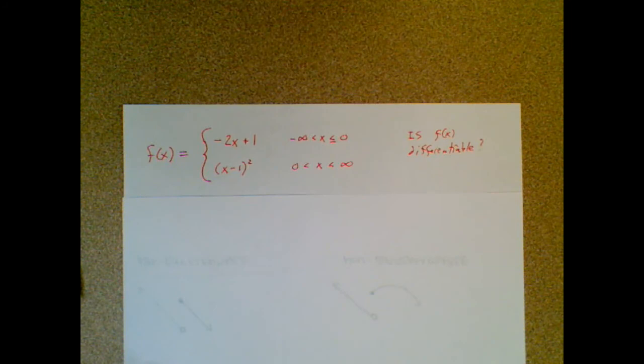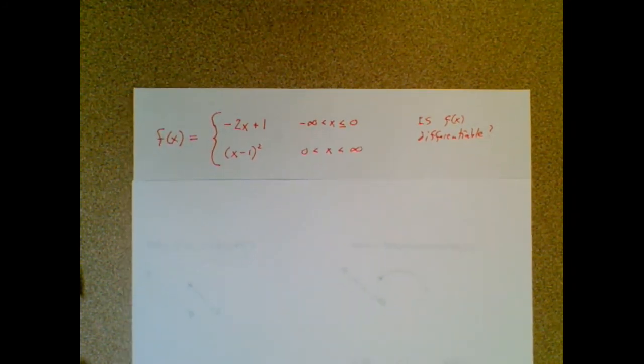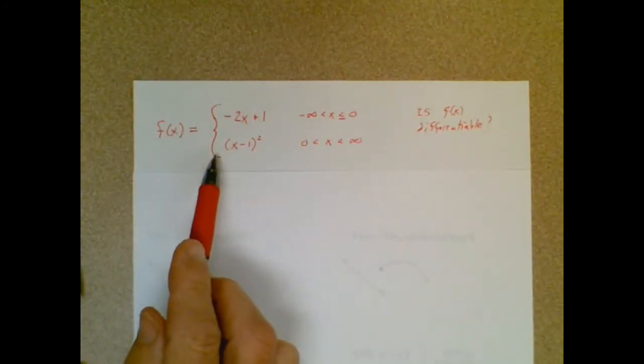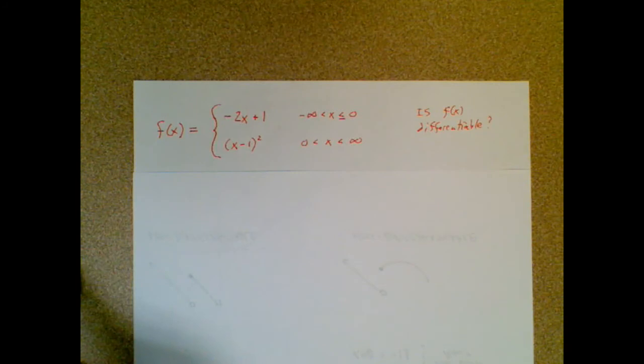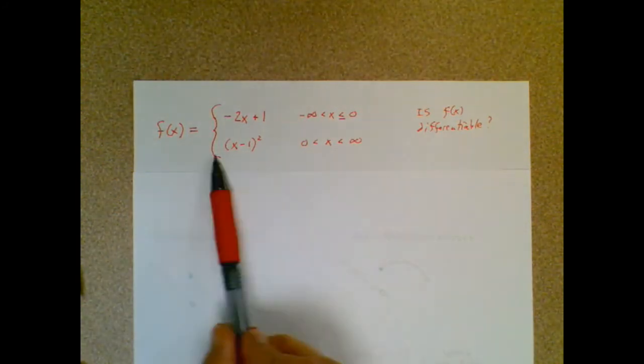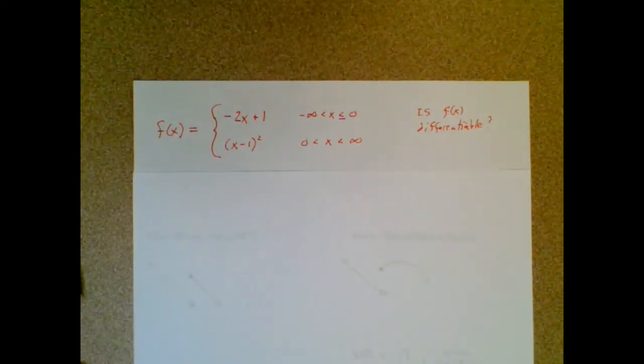I'm going to give you a couple of ways that this might be applied, but this concept could show up in many different ways. I'm taking a piecewise function, so automatically you're a little bit angry, perhaps intimidated. Is this function differentiable? Well, there's a couple of different ways you can go about this.